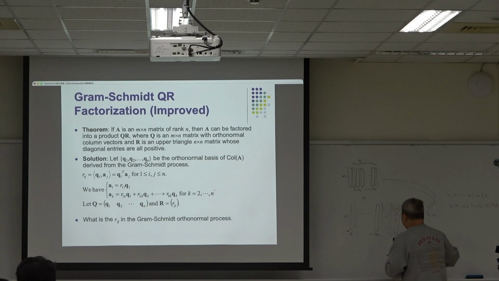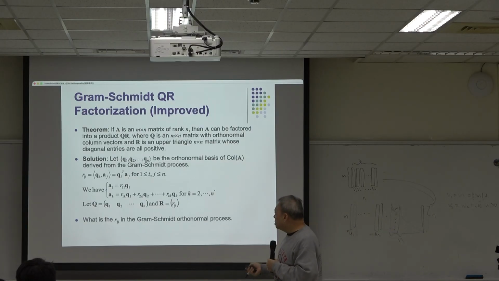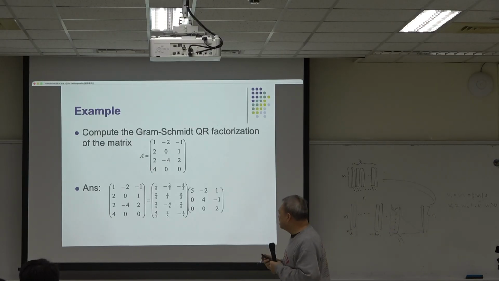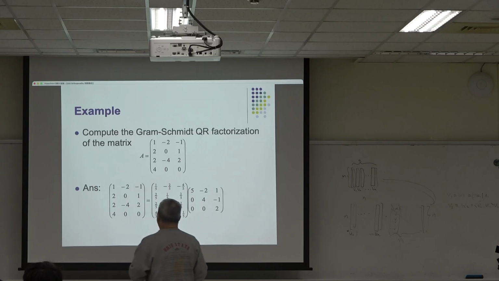And you will see that the second term is also the norm of W2. Okay, and so on. So let's just look at this example. I'm sorry, I spent too much time on this.